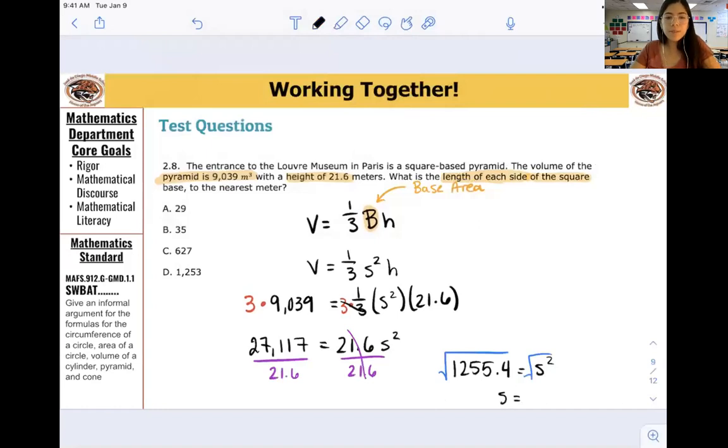Anyone? Square root, calculator, easy. Find the square root button. There we go, Emily, about 35.4. So answer choice B. So with this question, it was just a matter of remembering the formula, plugging everything in, and this time you're not looking for the volume, you have to solve for the side length.